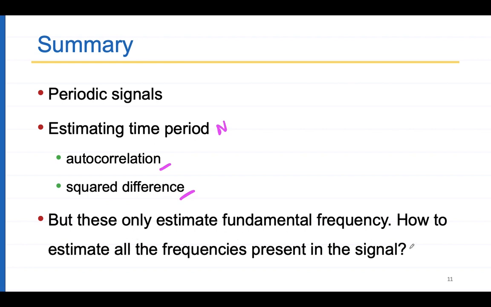If I want to know, let's say, whether there is a frequency at n equal to 16 or n equal to 32, what all frequencies are present in the signal? How do I find that out? For that, we have to go to Fourier analysis, which will be the next topic in our lectures. Thank you very much.